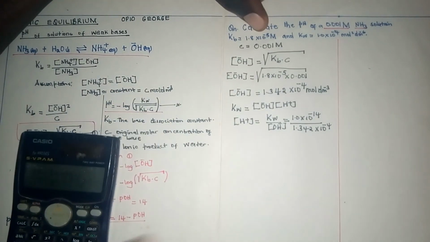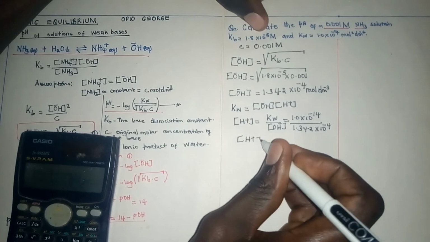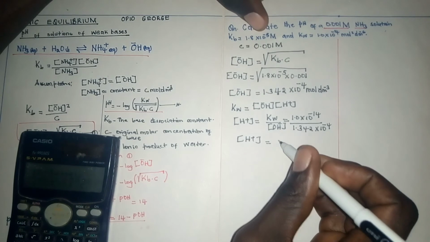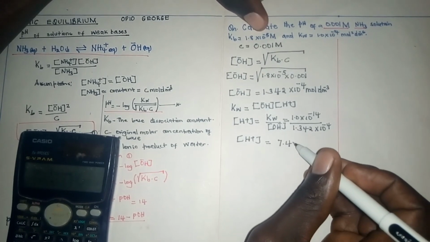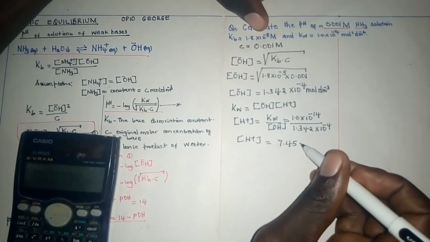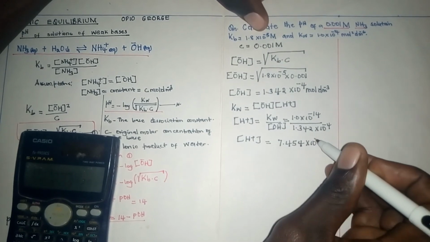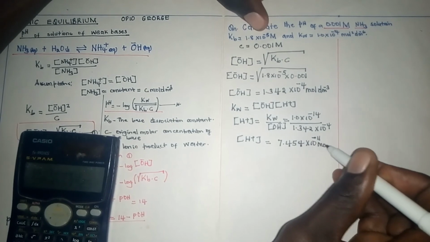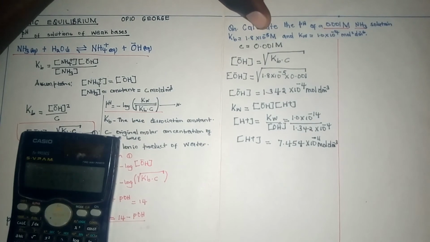This gives us a value of molar concentration of hydrogen ion being equivalent to 7.453559, which we can make it 7.454 exponent negative 11 moles per decimeter cubed.